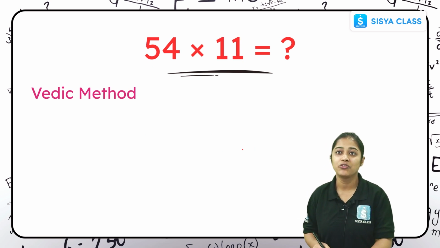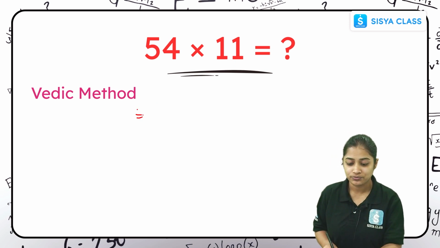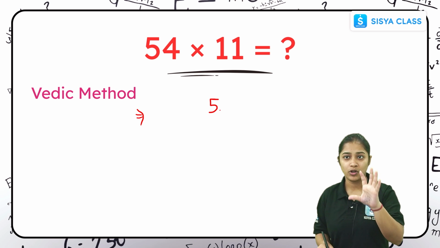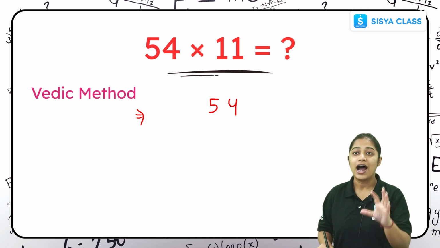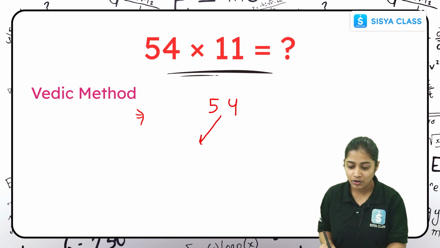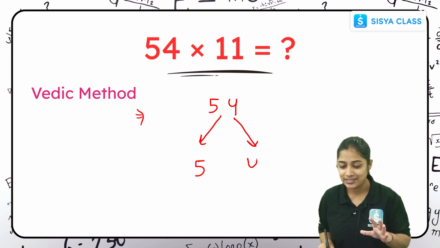So here we have 54, right? 54 multiplying with 11. So first what we will do, we will write our number 54, right? After that, we will write our first digit and second digit separately. So this is my first digit 5 and my second digit is 4.